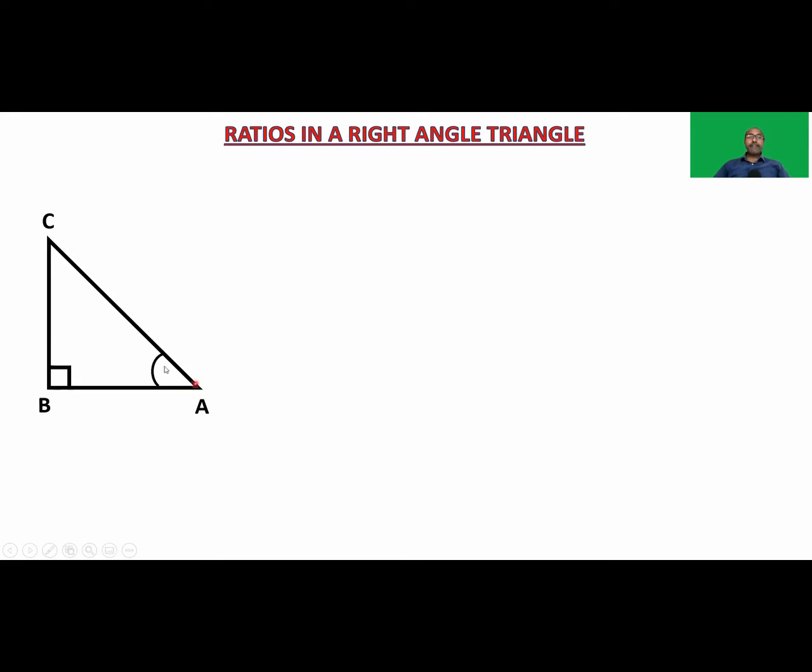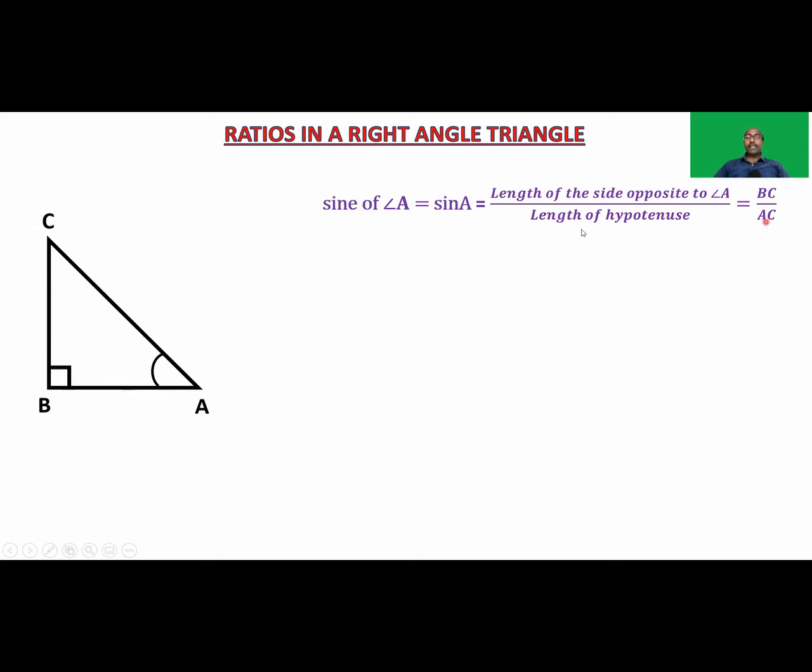Now, sine of angle A, which you have seen in the previous activity, is denoted by sin A. Sin A is equal to the length of the side opposite to angle A by the length of the hypotenuse, which is equal to BC by AC, since the opposite is BC and the hypotenuse is AC.